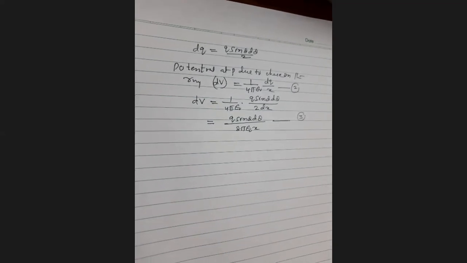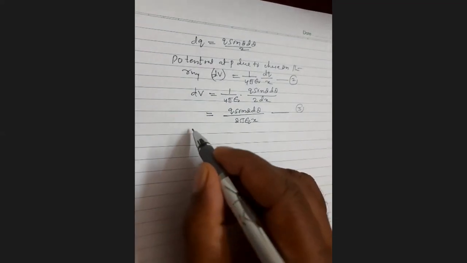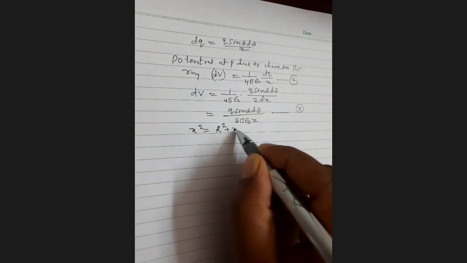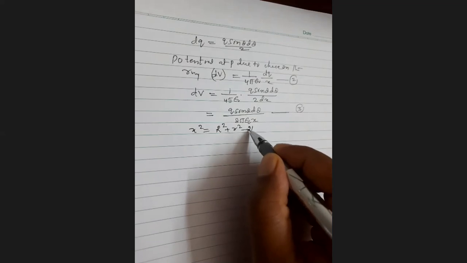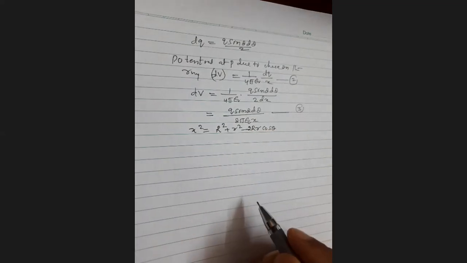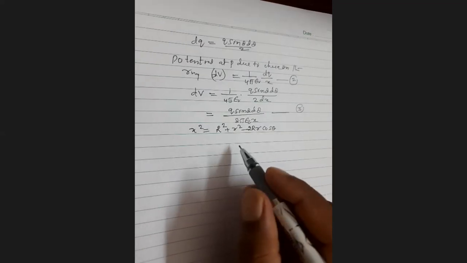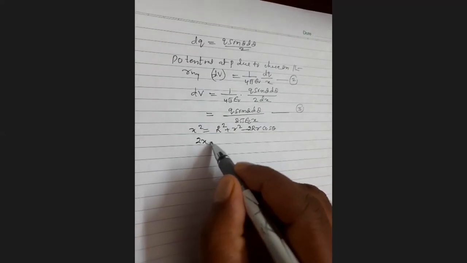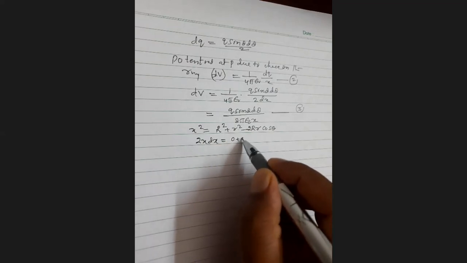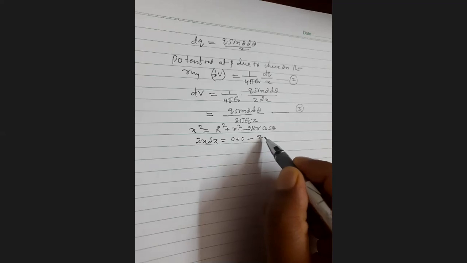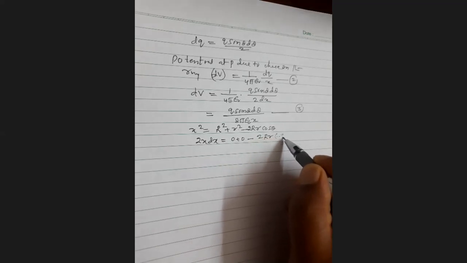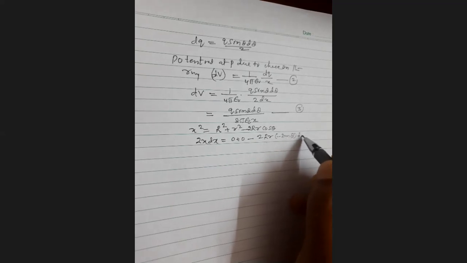Now from the figure, it is very clear that x square is equal to capital R square plus small r square minus 2Rr cos theta. Differentiating both sides, we get 2x dx equals, since capital R and small r are constant, 0 minus 2Rr cos theta differentiation, minus sin theta d theta.